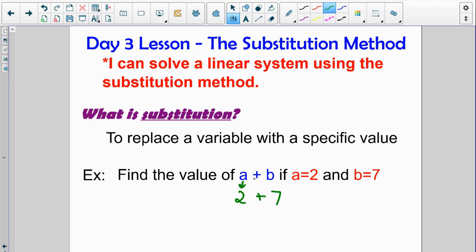So we're just replacing the values for the variables, and then we're doing the math. 2 plus 7 is 9. Now, a plus b could have a completely different overall value or final value if we switch the value of a or the value of b. So we have to keep in mind that these values help us determine the overall value of the expression.